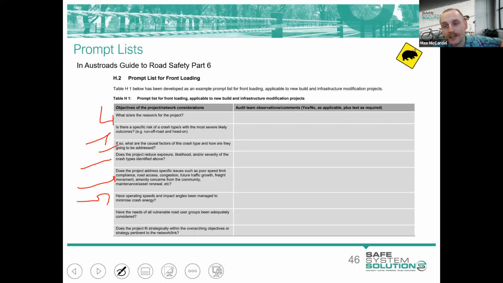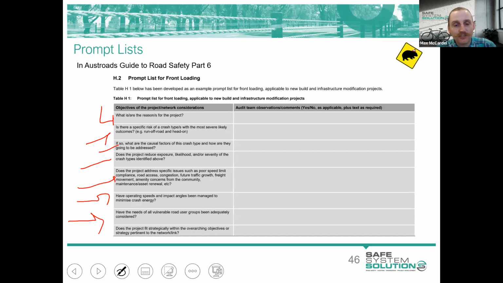I know Ken would have been chatting about those impact angles already in the last couple modules and how they can impact upon the severity. So have a look at the site that you're analyzing and start thinking about, well, what would the operating speed be here? Are they perpendicular angles, or is it more acute? And start jotting those types of ideas down. Have the needs of all vulnerable road user groups been adequately considered?